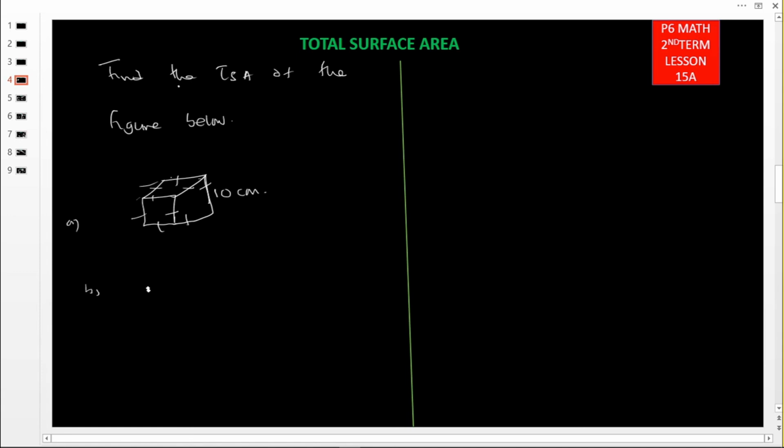Then this is A, then B, then this is 20 meters. Then see here, 14 decimeters.